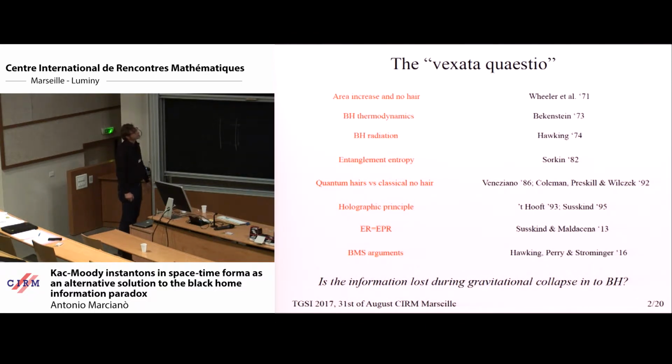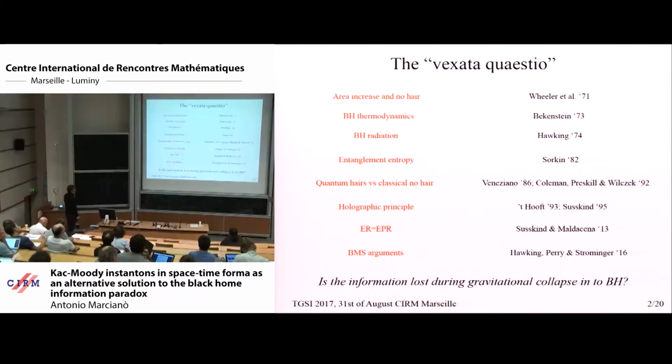So in the 70s, we had some preliminary work by Bekenstein on black hole thermodynamics, which was then followed in '74 by the proposal finally by Hawking on black hole radiation.